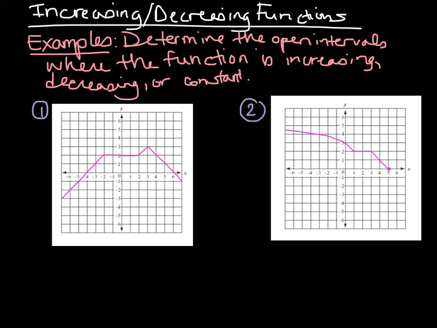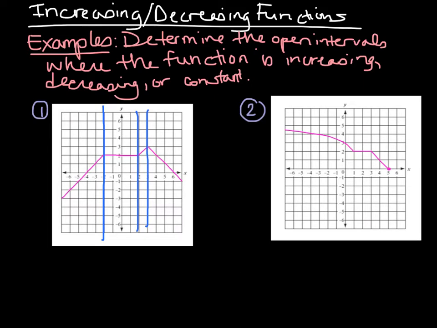On this graph for number 1, you'll notice that there's a variety of things happening here. We start all the way on the left side, and it goes up right up to -2. Then it goes straight across, which we call constant, up until +2. Then it goes up again.